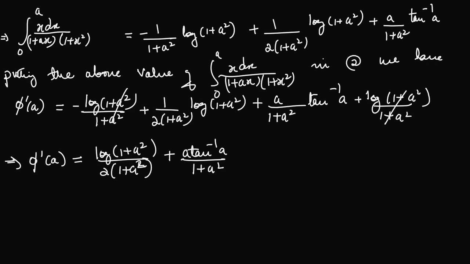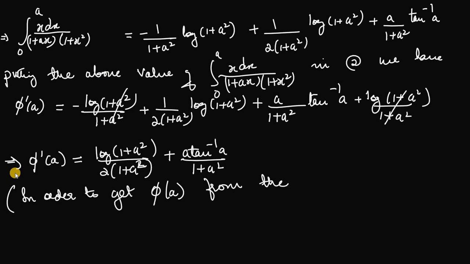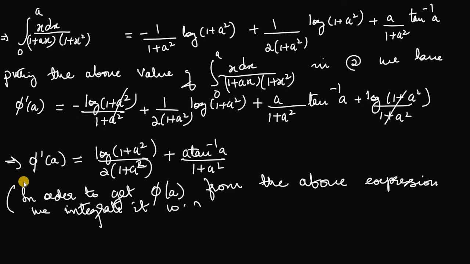So now I'm going to write here, in order to get phi of a from the above expression, we integrate it with respect to a. So on integrating this one with respect to a, the integral of phi prime of a will be phi of a.